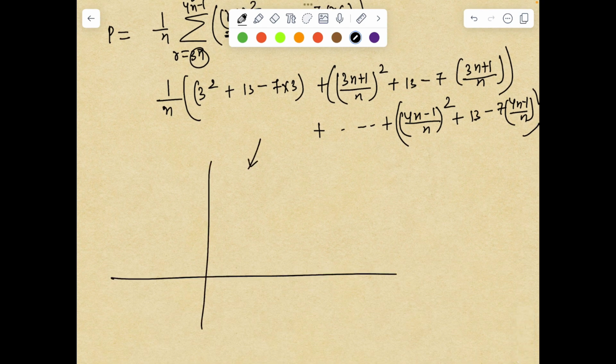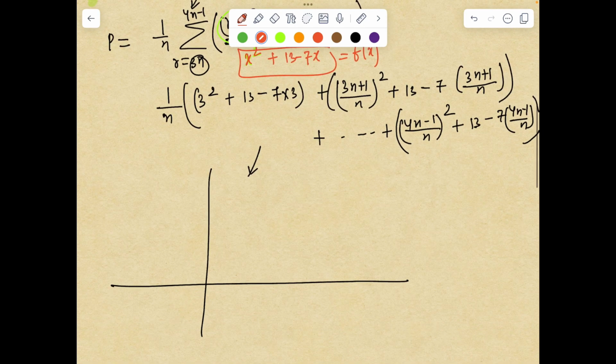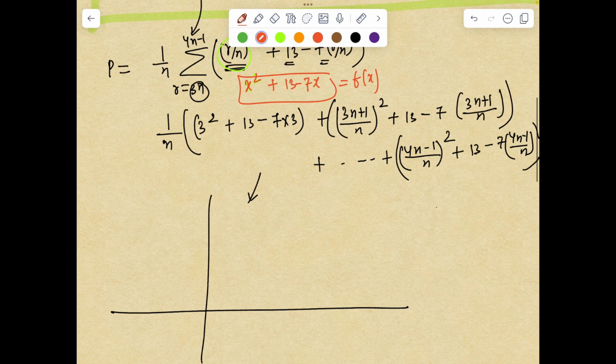Now can we transfer this information in a geometrical fashion? You can see each of these expressions is working like x square plus 13 minus 7x. That tempts us to investigate a function f of x. So let's roughly draw the graph of x square minus 7x plus 13.